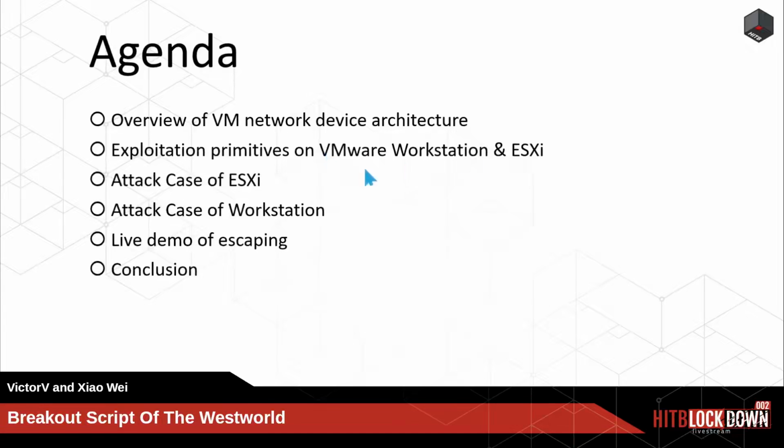Then we show two examples with these primitives. Furthermore, we will show a demo of escaping from ESXi. At last, we discuss what we learned and what is new in the newest Workstation.